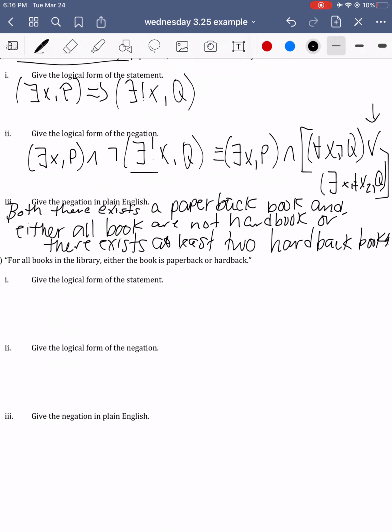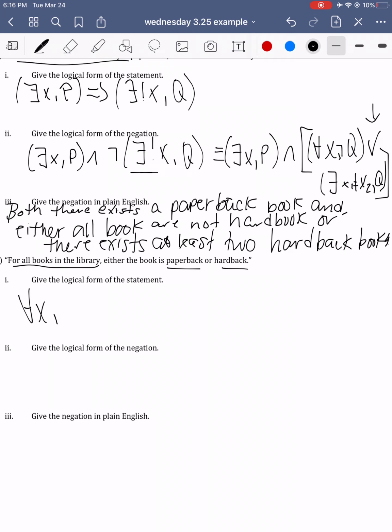We have for all books in the library, either the book is paperback or is hardback. So here, the overarching statement is for all books in the library, so this is going to go on the outside. So for all X, and then either paperback or hardback, that is our predicate.